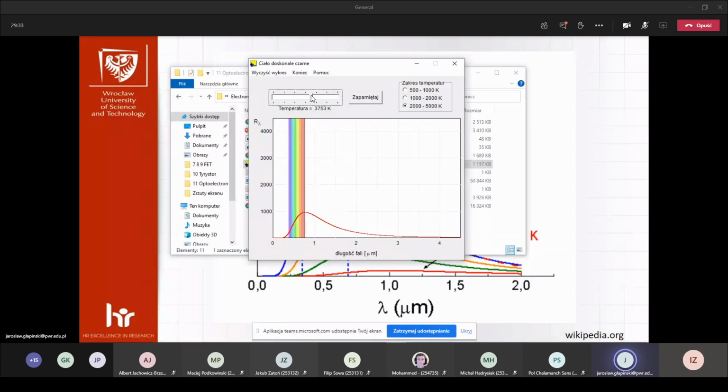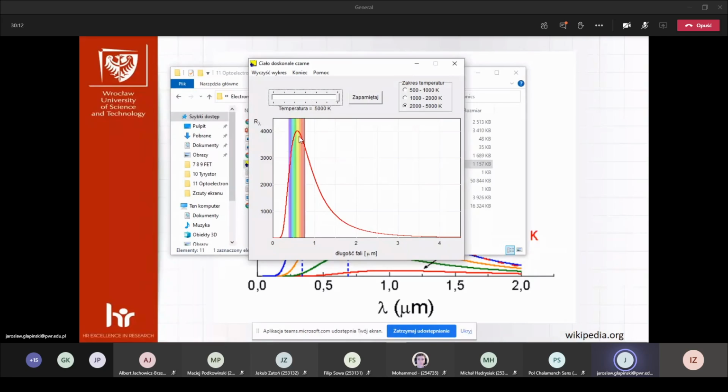Okay, and increasing the temperature, we are moving towards yellow and then towards green and blue wavelengths. And this is also very interesting for you, because sometimes you go to the shop and you have the light bulb, and they say something is warm, something is LED light, daylight, something is cool.